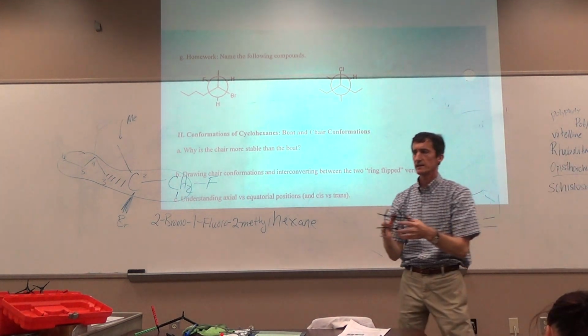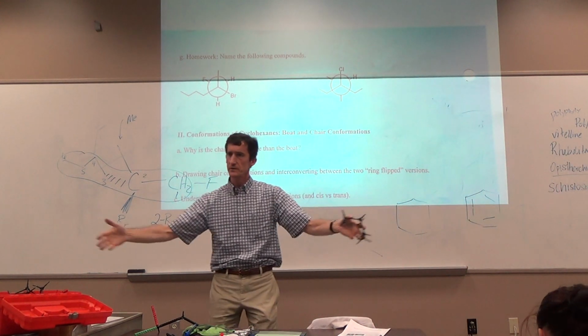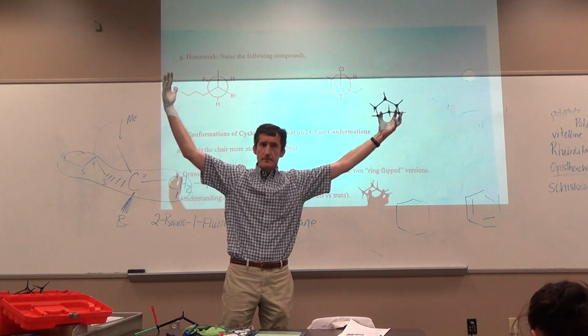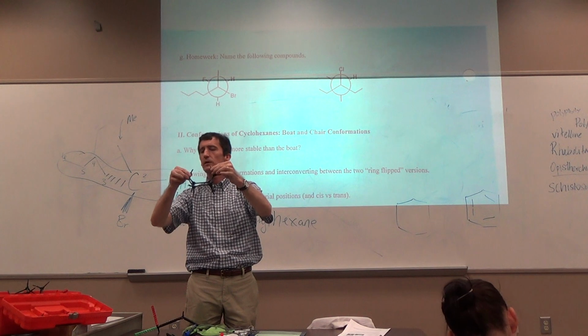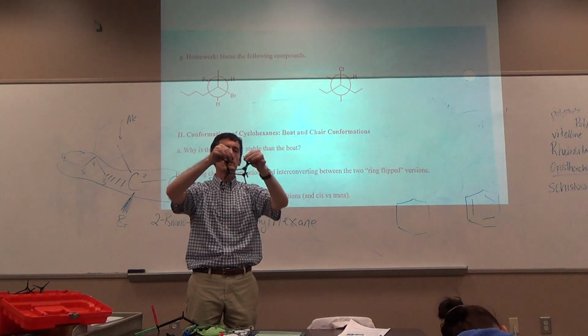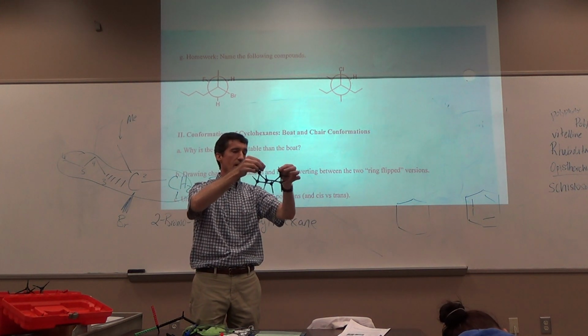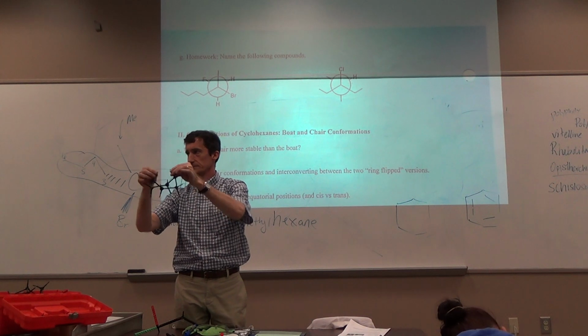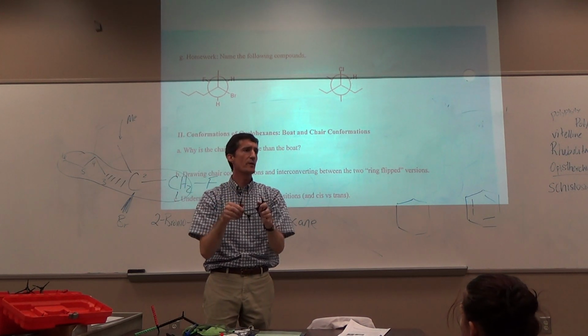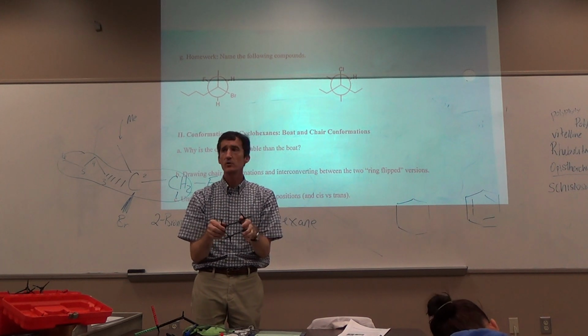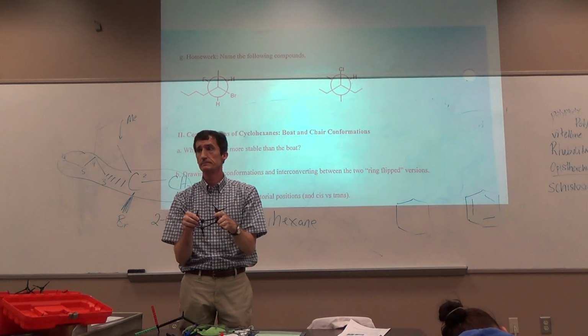That's analogous to an Italian gondola with the two ends sort of coming up. Your boat is never good though, because these two H's up here sort of clash. That's called flagpole interactions. Your chair is always best, and from now on, I will only talk about chair.